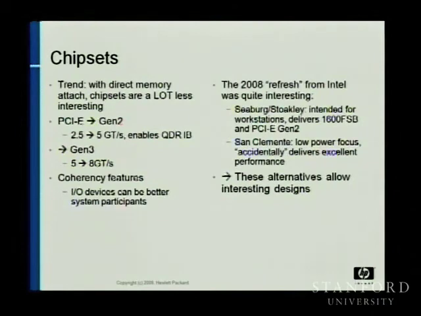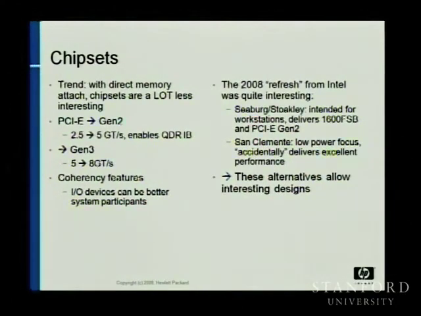And so it just comes down to a boring conversation about what kind of PCI Express slot do you have and how many lanes do you have? It kind of boils down to that. There are some improvements in PCI Express Gen 3 that allow I/O devices to be more equal participants with the processors in the coherency mechanism. And that'll be useful for some NICs and some other stuff.